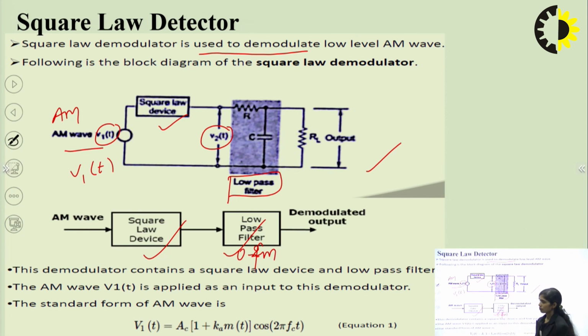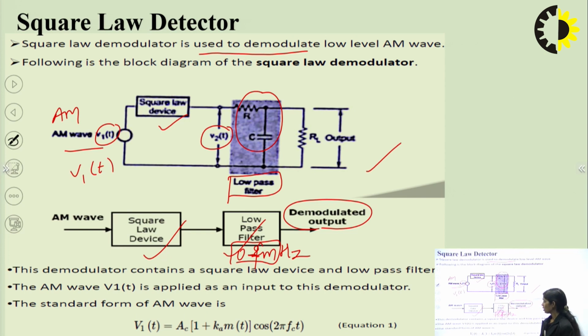The band of frequency that will be passed by the low pass filter is 0 to FM hertz. So the demodulated output is obtained after this low pass filter. This low pass filter actually consists of an RC circuit, and after this we will get the output.